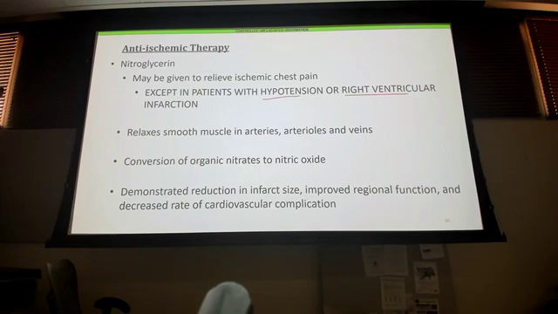Okay, so if you have an inferior wall MI, you're going to want to do a right-sided EKG to make sure they're not having a right ventricular infarction because you can't give them nitro, because of that preload dependency that you get with right-sided ventricular infarctions, okay? So be careful with who you give nitro. You don't automatically give nitro to every patient coming in with acute coronary syndromes.